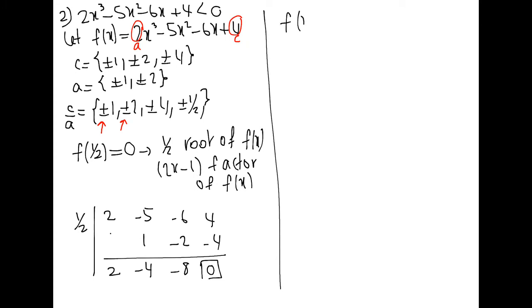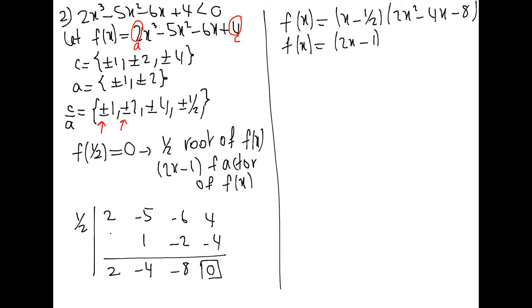Then f of x is x minus half into 2x squared minus 4x minus 8, which, if we fix it up a bit in order to get 2x minus 1 as a factor, we factor out a 2 from the other factor and end up with x squared minus 2x minus 4.